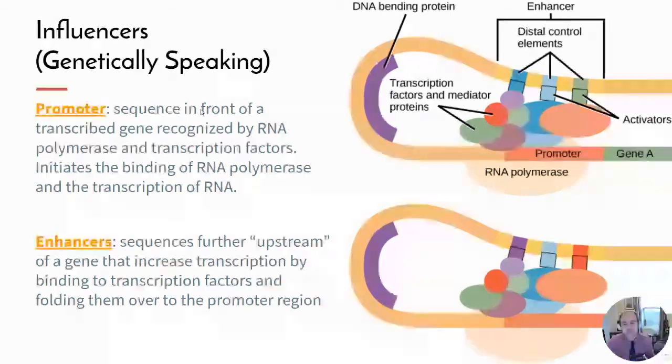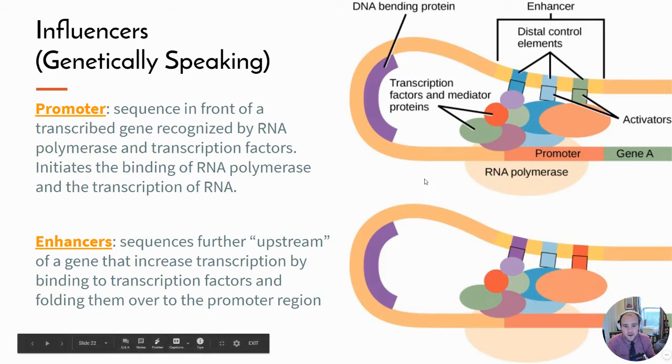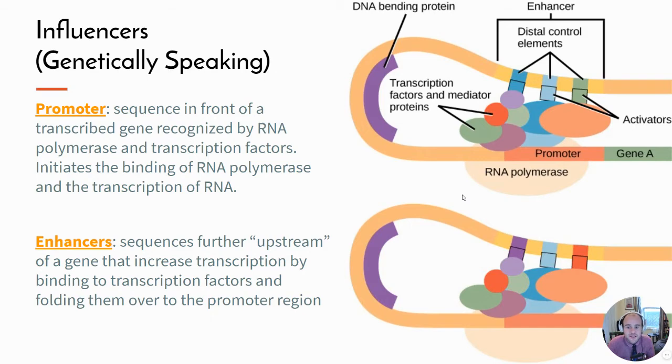Now, enhancers are sequences that are even further upstream from the gene, so before the gene in the DNA, that are going to increase transcription by binding transcription factors and then folding them over to the promoter region. So our enhancer is going to grab onto transcription factors that initiate transcription, and then it will fold itself over.